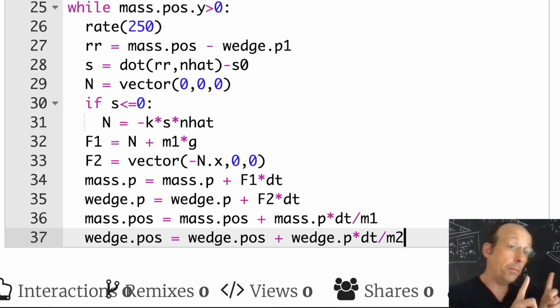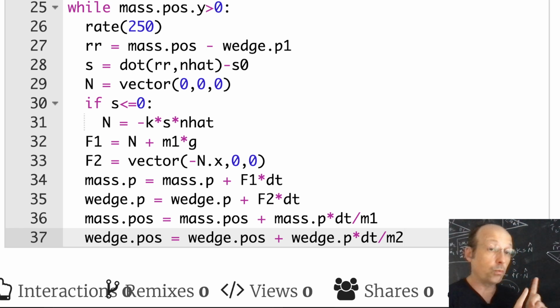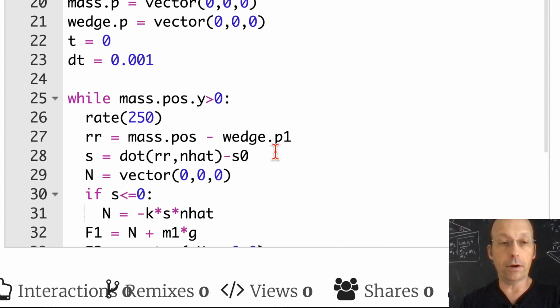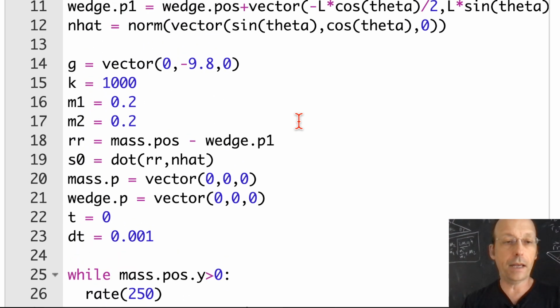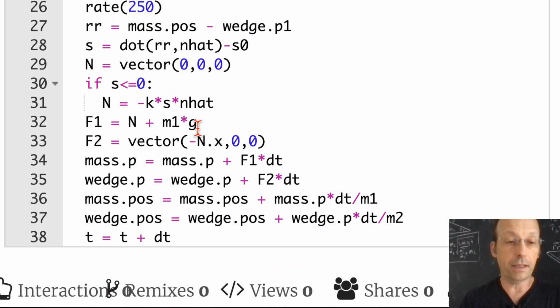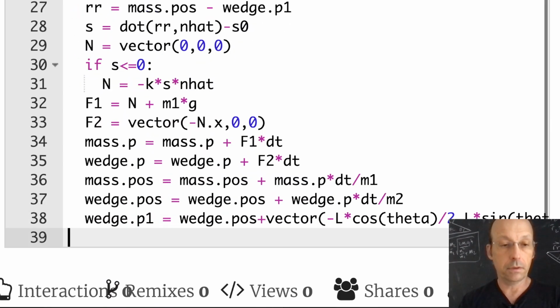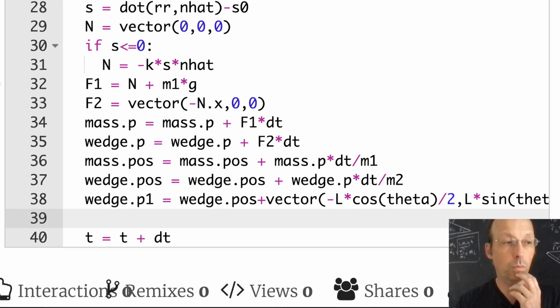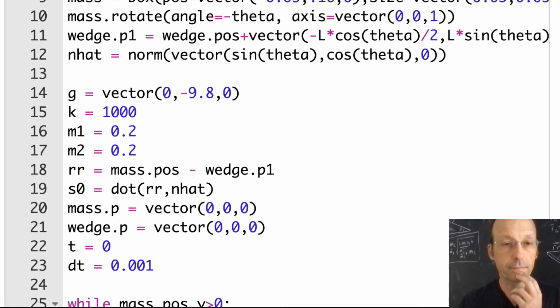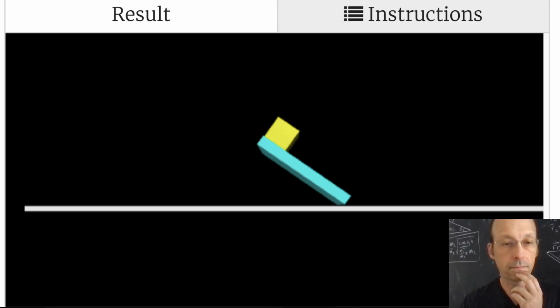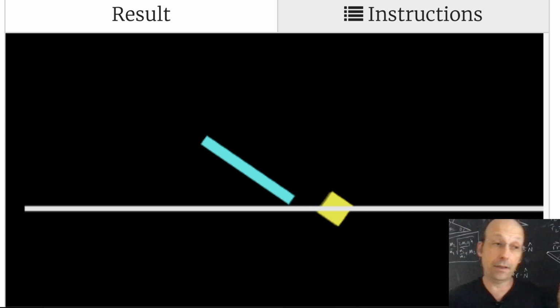Now, I do need to update that position, that wedge 1 dot p1, up here. So let's just copy the code where I had that up there. I need to recalculate that because it moved. Okay. I think that should work. Okay, that looks good. I like it.